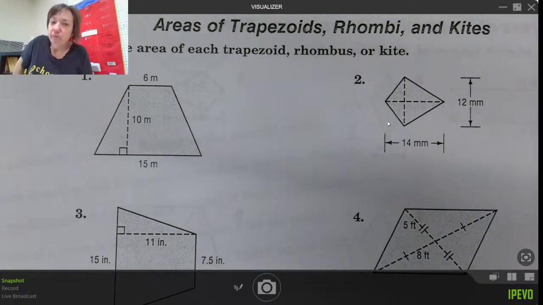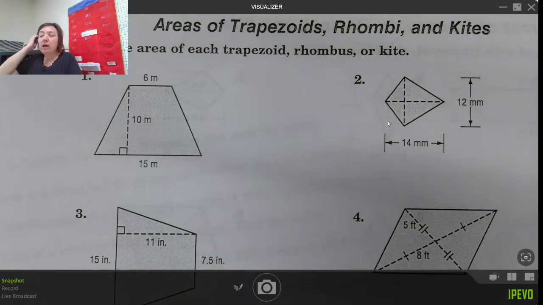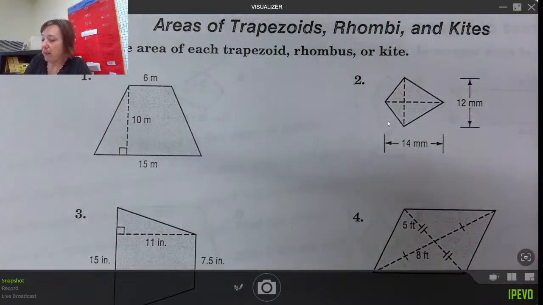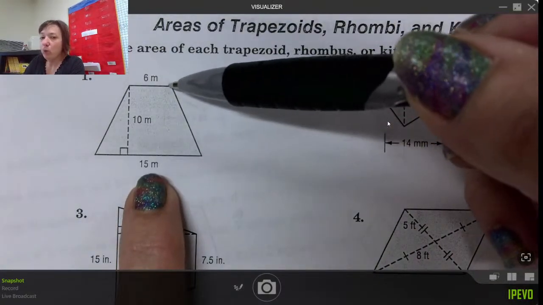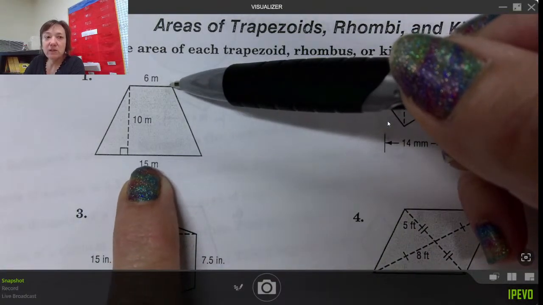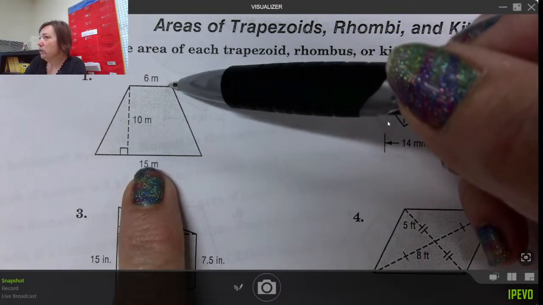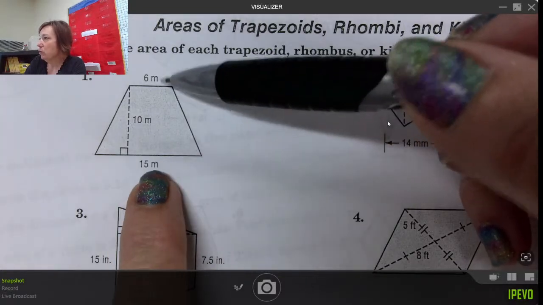So to find the area of a trapezoid, first of all, let me back up a second. On a trapezoid, we call the two parallel sides base 1 and base 2. It doesn't matter which one is base 1 and which one is base 2. They're two bases.